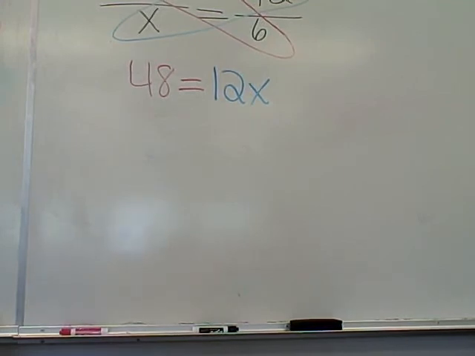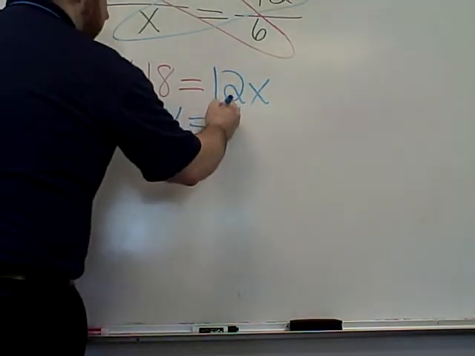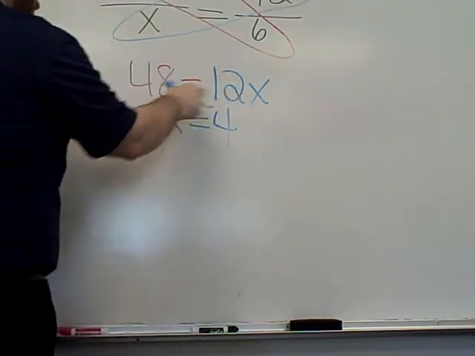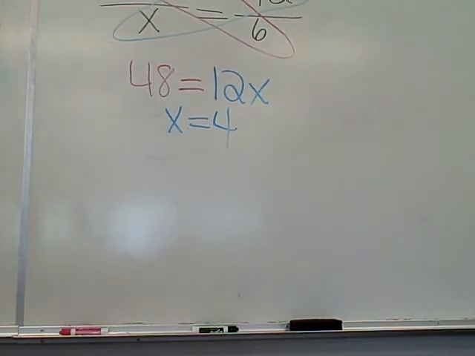If you can do it mentally, I'm okay with you figuring this out mentally. So x equals what? X equals what, Charlie? 4. X equals 4. Because 12 times 4 is 48. Okay? Does that make sense? Wonderful. Why don't you do A, B, and C on your own, please? Cross multiply those. It doesn't matter which way you do it, as long as you're going from numerator to denominator.